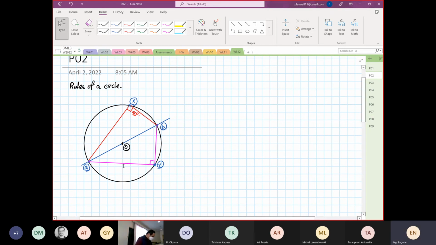So now I'm going to take point X and connect it to O. Here's my O. And I'm going to call this angle alpha.